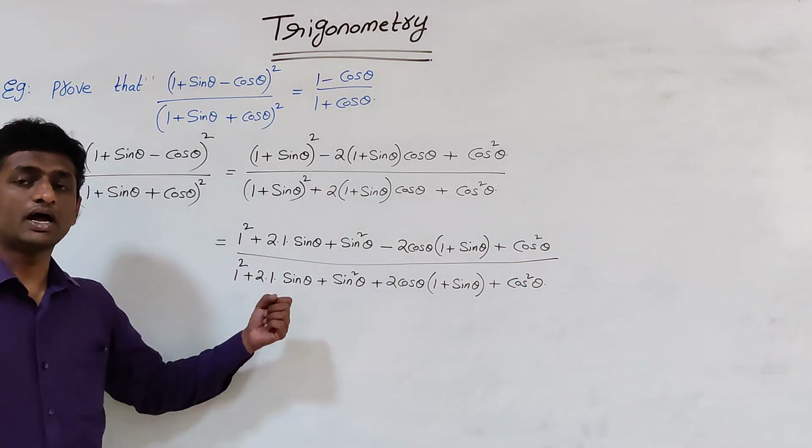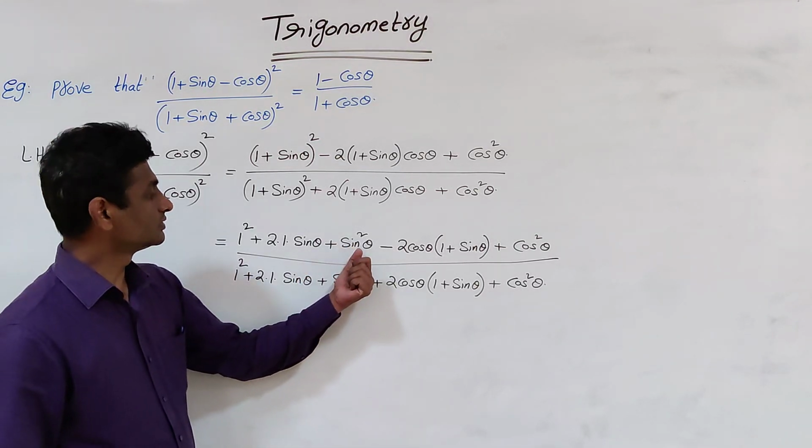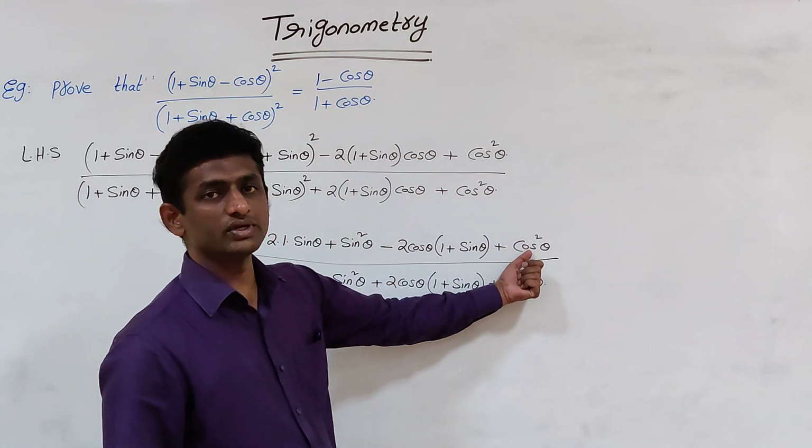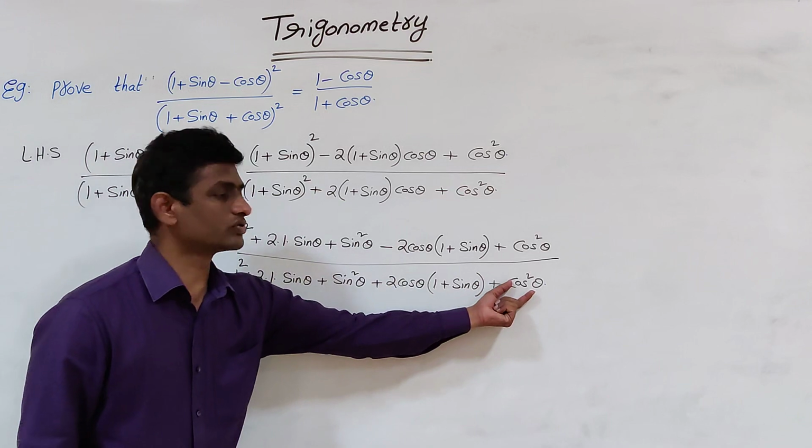And we use some identities where we can apply. If you observe, sin square theta plus cos square theta is always 1. In the denominator also there is sin square theta plus cos square theta.